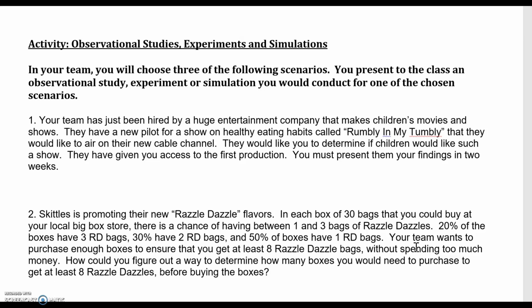They have a new pilot for a show on healthy eating habits called Rumbly in My Tumbly that they would like to air on their new cable channel. They would like you to determine if children would like such a show. They have given you access to the first production. You must present your findings in 2 weeks. What keywords do you see in this example that will tell you it's a simulation, an experiment, or an observational study?